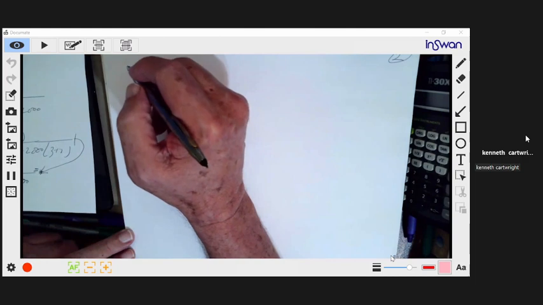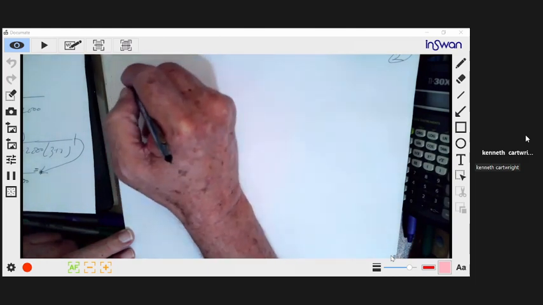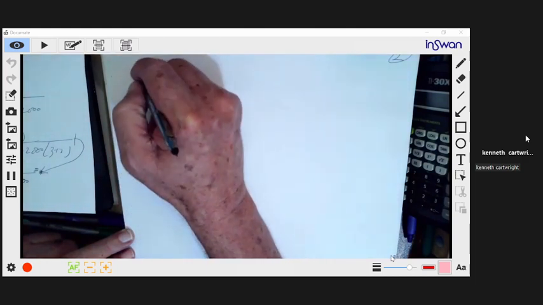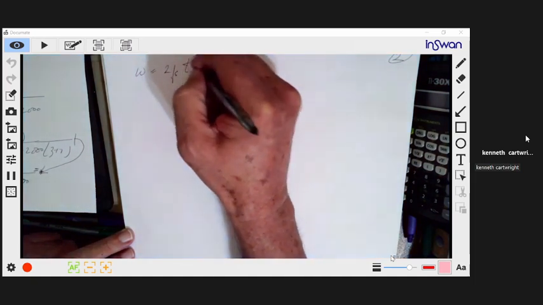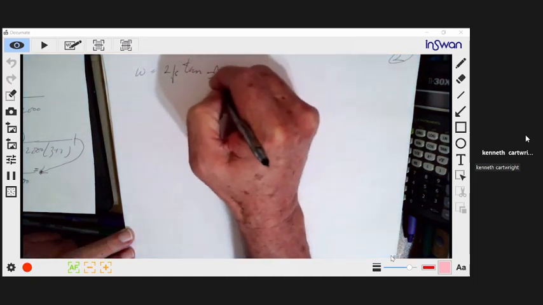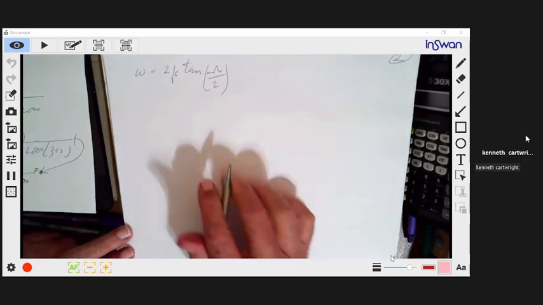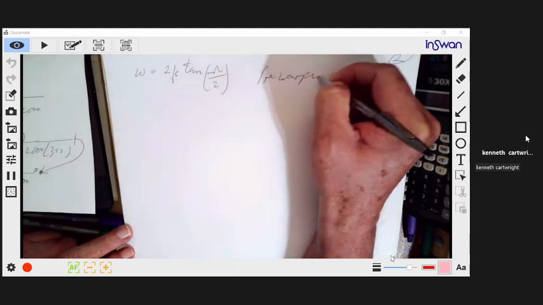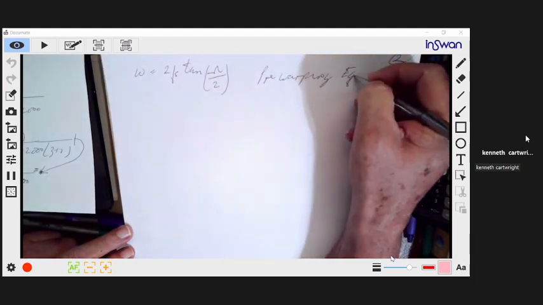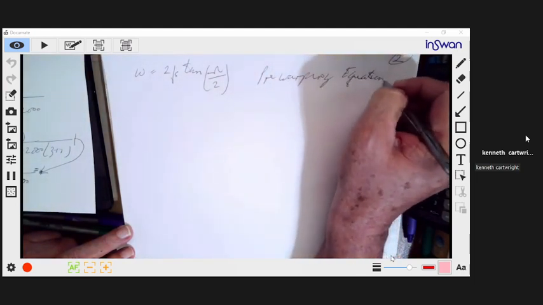So remember this equation. This is called a pre-warping equation. You need to memorize this.